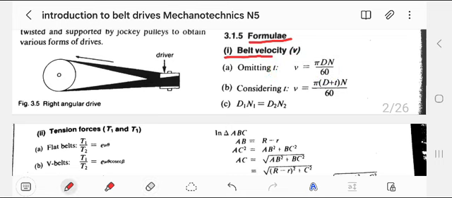But if we take thickness into account, our velocity will be pi times D plus t, which we call the effective diameter. The effective diameter is the diameter plus thickness. Do not forget to add the thickness, then divide by 60.